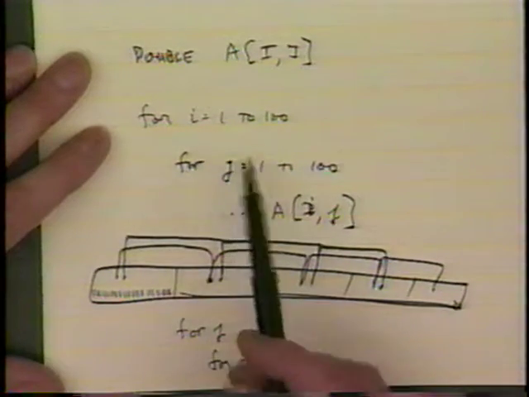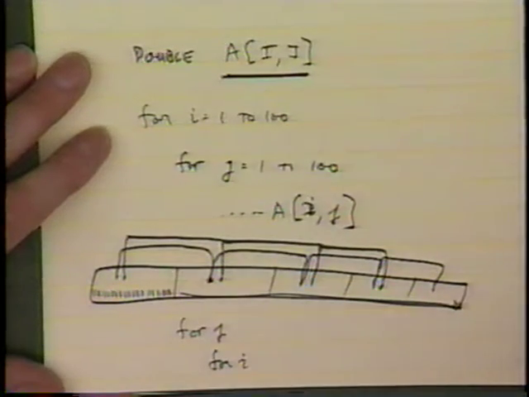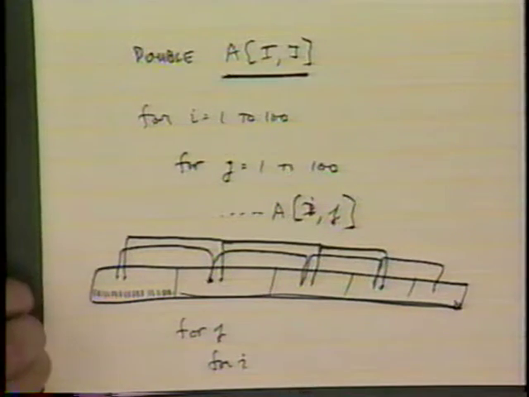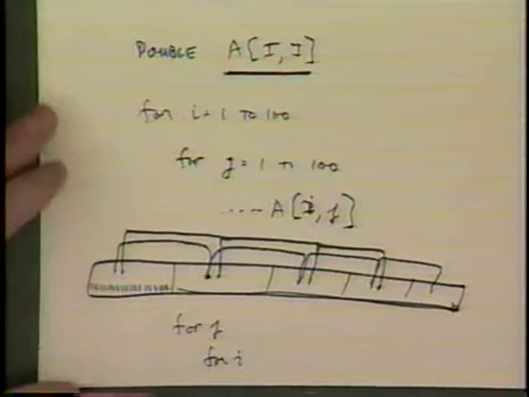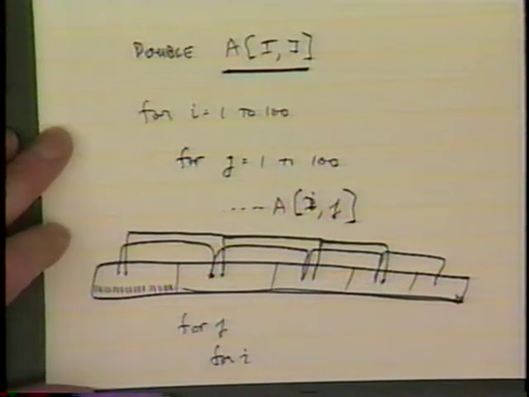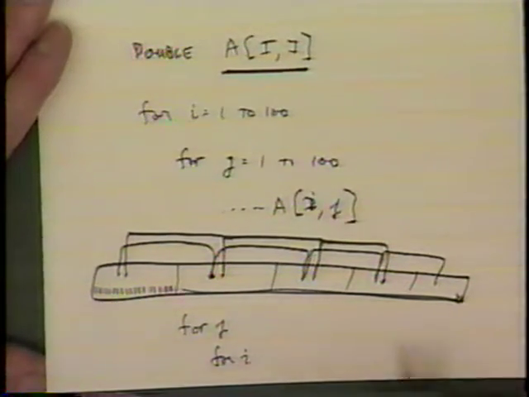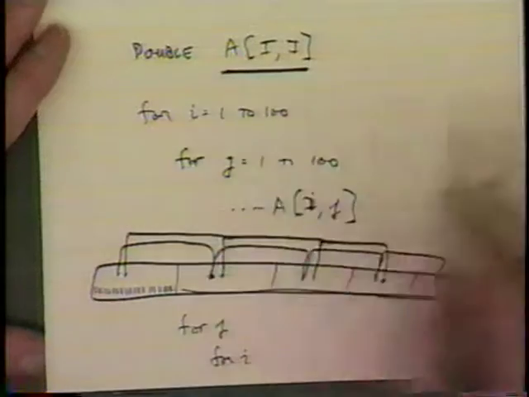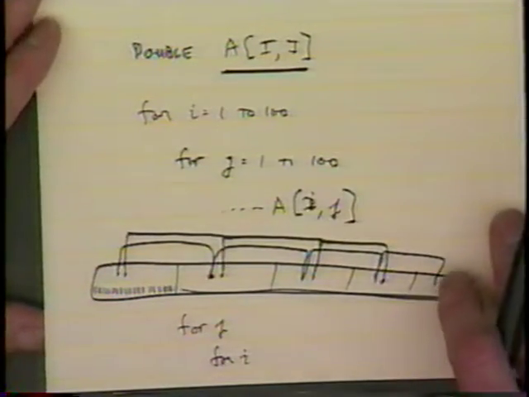Which one of them is right depends on the language definition, and which one of these subscripts varies most quickly as you step through the array. Different languages differ in that respect. Again, something which the programmer can do, I guess the compiler can do it too, but it's a little bit more difficult. And some languages mandate the order in which the array is physically to be laid out based on their subscript indexes.